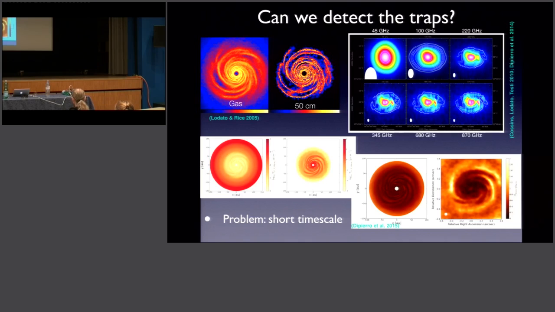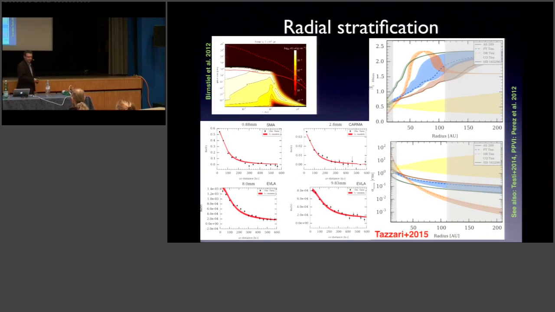But to do this, you have to resolve the disk at an angular resolution comparable to the scale height, and with the sensitivity good enough to do the spectral index map, which is about to be available, but it's not yet there.